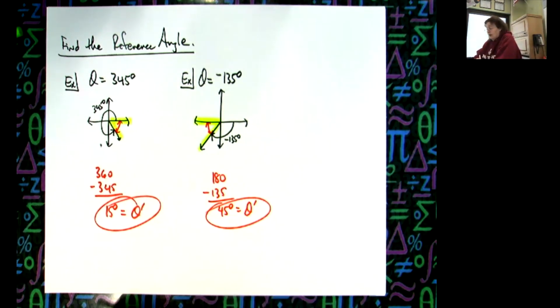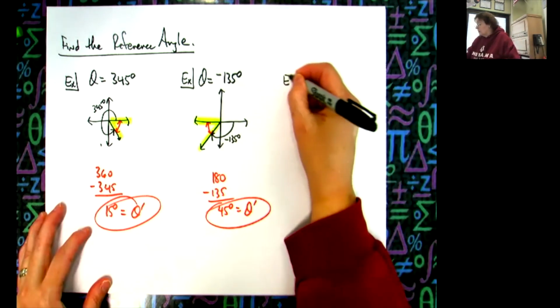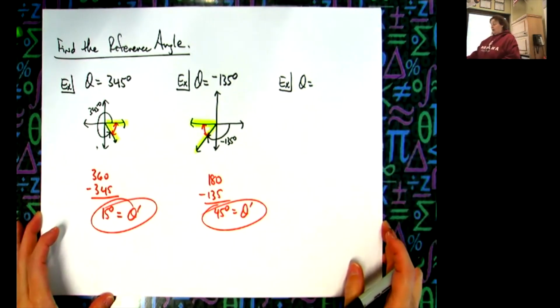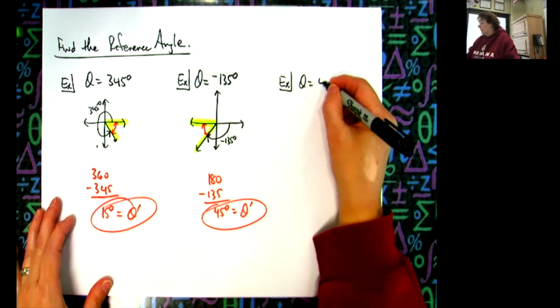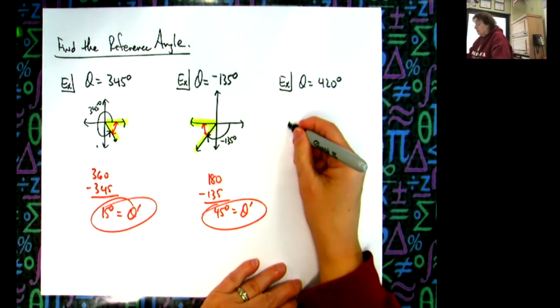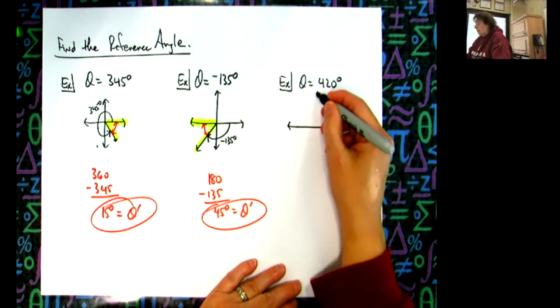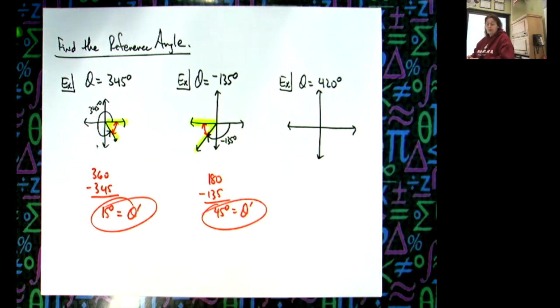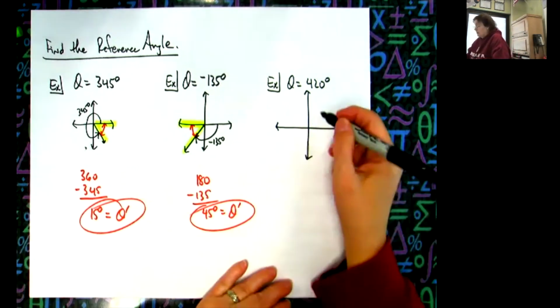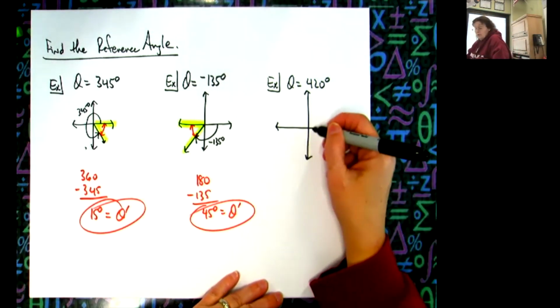Let's go ahead and do another one just to show you going around multiple times. Let's suppose that maybe say my theta is, I don't know, say 420 degrees. Again, picture it. I really think that sketching it out is going to help you. 420 degrees is more than one time around the circle, right? So if I start here, I'm going to kind of do a little twirly thing.